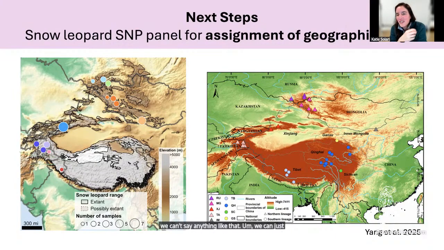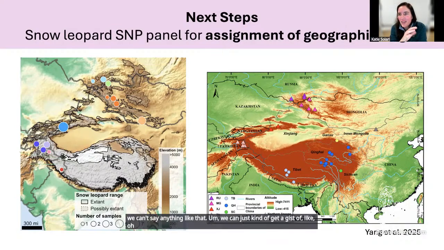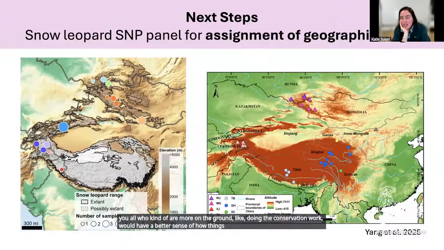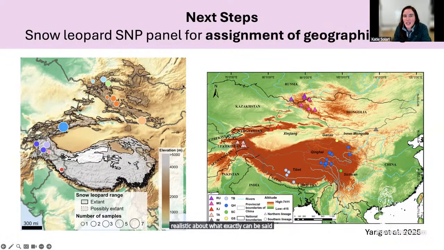We can just get a gist of, oh, they look different, but not so different that they're completely isolated. So you all who are more on the ground, doing the conservation work, would have a better sense of how things could be misinterpreted.